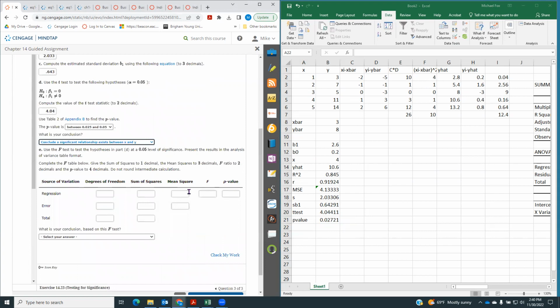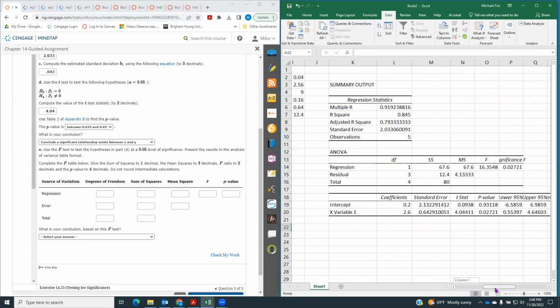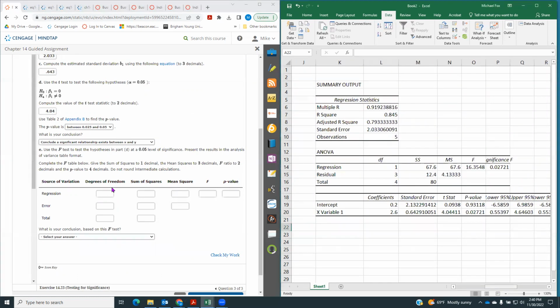We can also do an F test. All we're really going to do is use the outputs of the regression analysis for this, and we'll look at that p-value because it does all the heavy lifting. So again, you'll see regression, residual, and total on mine, and then in the book or in the problem, you'll see regression and error.